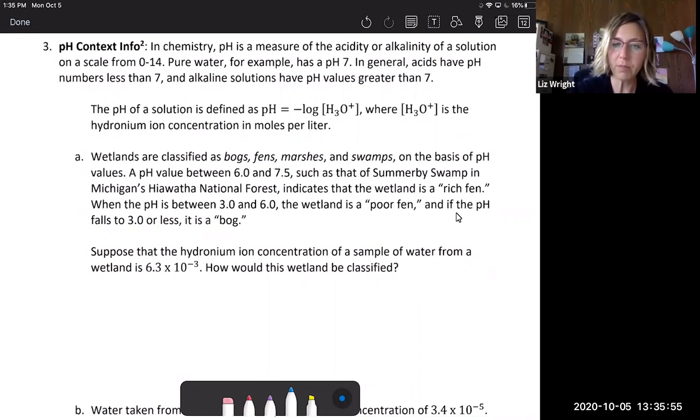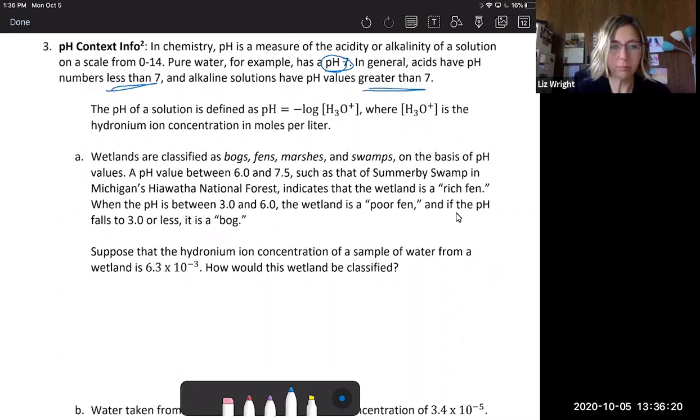Okay. It says, in chemistry, pH is a measure of the acidity or alkalinity of a solution on a scale from 0 to 14. Pure water, for example, has a pH of 7, right? It's neutral, it's right in the middle. In general, acids have pH numbers that are less than 7, and alkaline solutions have a pH value that's greater than 7.